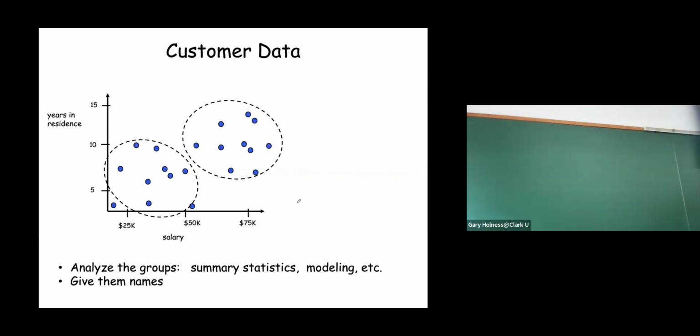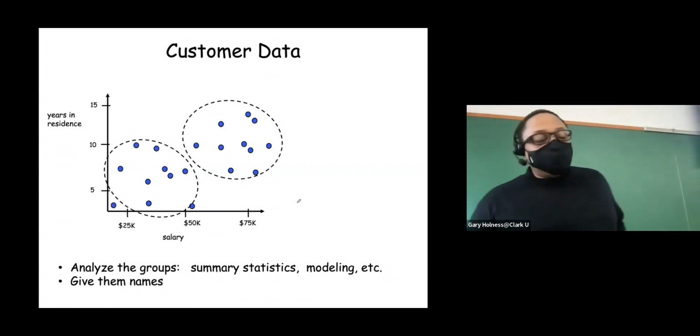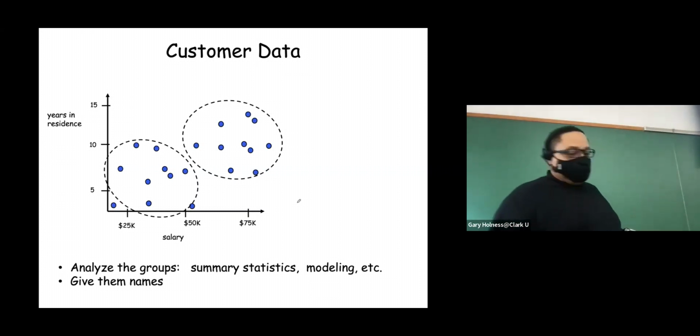You might fit a distribution, knowing what those values are. In this case, salary is real valued, so that's well represented by a normal distribution. Years in residence, that's time, that's real valued. So you could represent time either as an exponential distribution, or you could represent it as a normal distribution if you chose to. Okay, so you can perform all sorts of analyses on these groupings and do lots and lots of wonderful things with them.